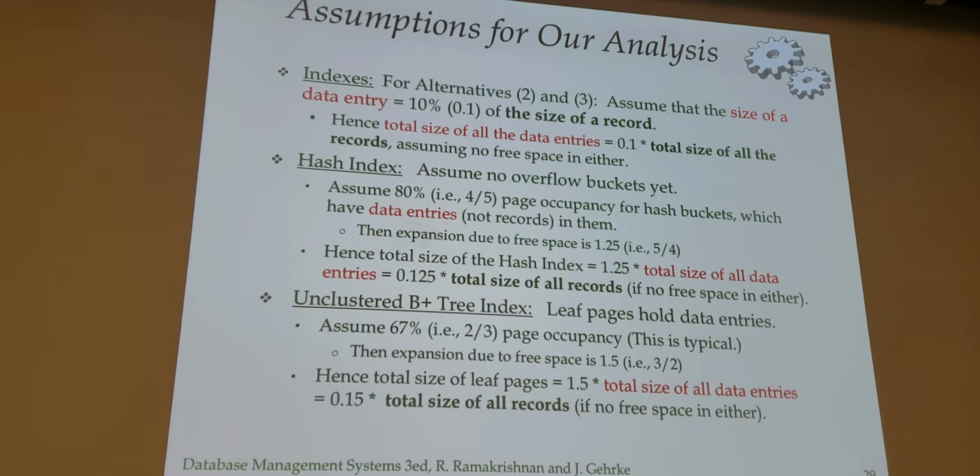So 1.5 times the total size of all data entries is the same as 1.5 times 1/10, 0.1, times the total size of the records. 1.5 times 0.1, last time I looked, is 0.15. And so the total size of the leaf pages is going to be 0.15 times the total size of all the records if there were no free space involved.